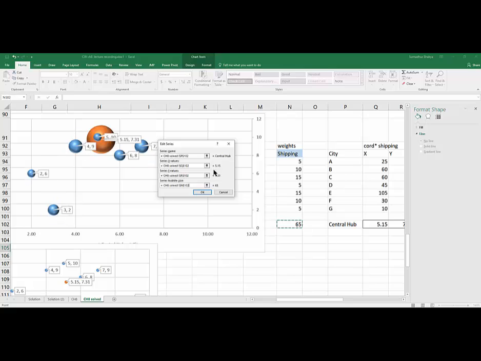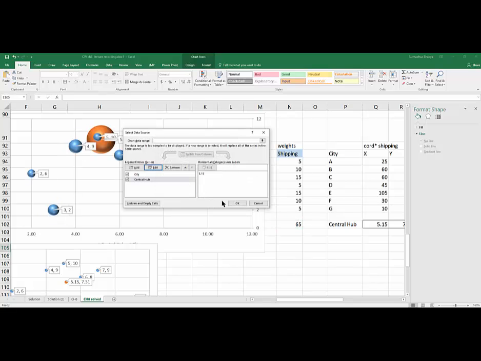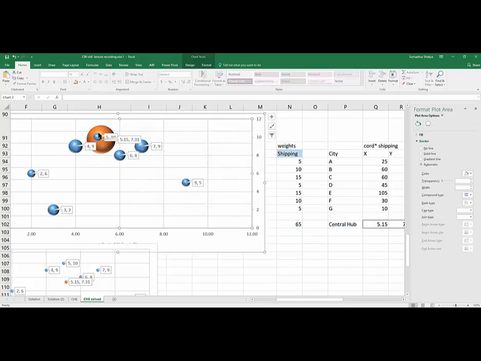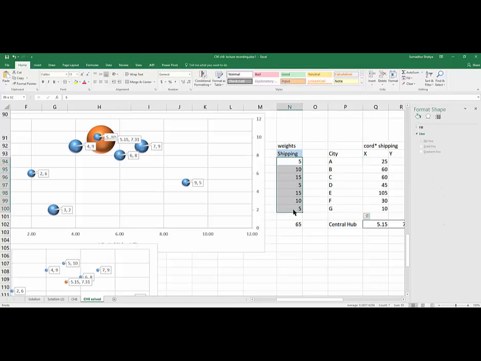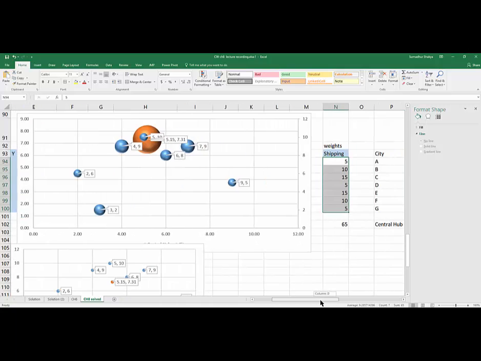Let's make this one, it might be a little too big, but okay. So that's where the central hub would be. If we were to assume that all of this shipping load is going through the central hub, then that gives the location of the central hub and its size in relation to the location of all the other cities and all the shipping that is being handled. Okay, so this is how you can depict more information on a single graph.